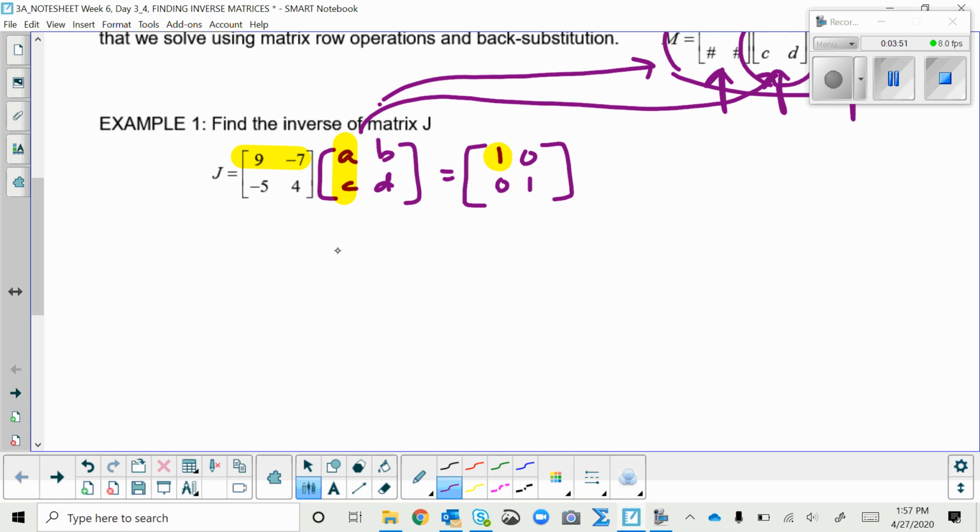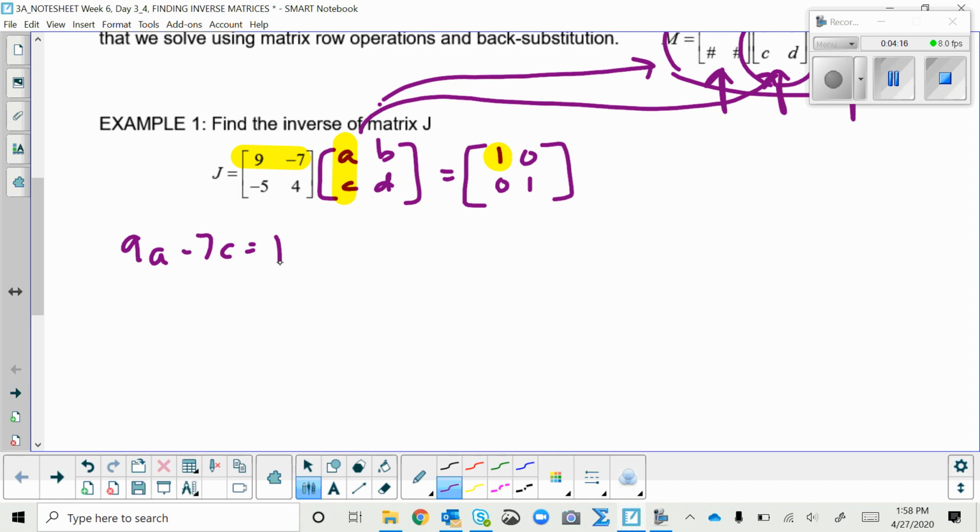In this case, it's 9 times A, which is 9A. We multiply the second positions together, which is -7 times C, which is -7C. And that's going to equal 1, whatever's in row 1, column 1 on your answer matrix, okay?